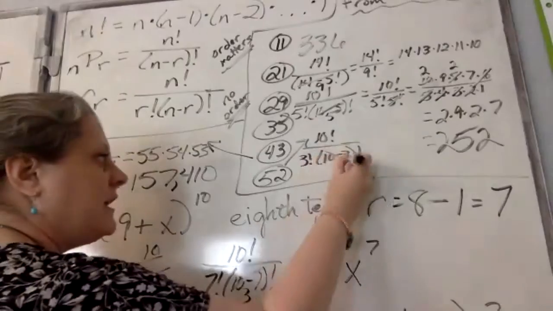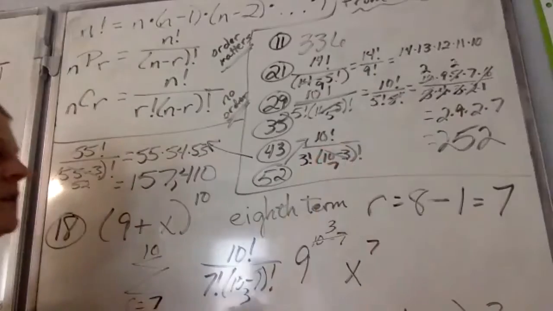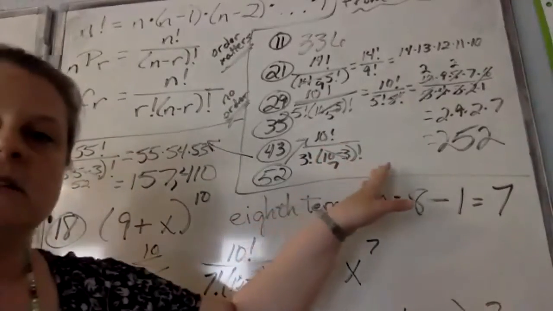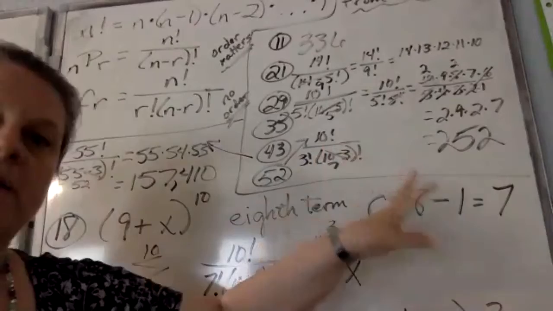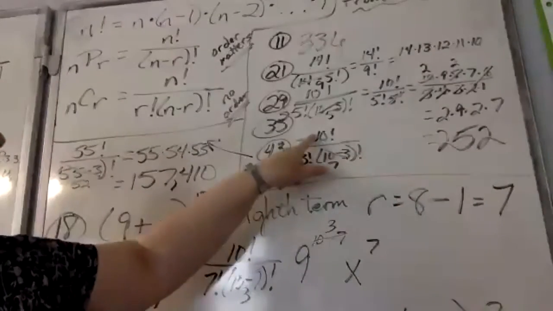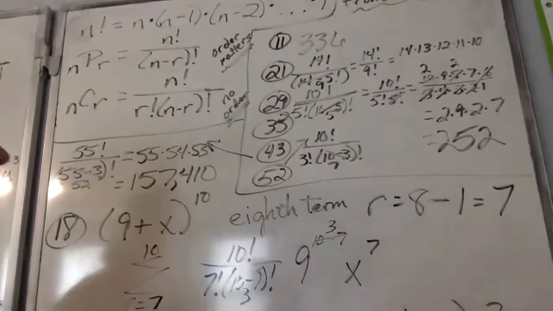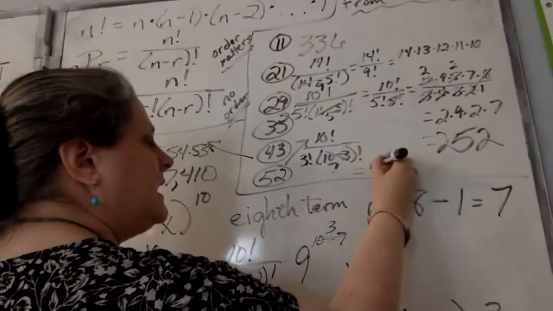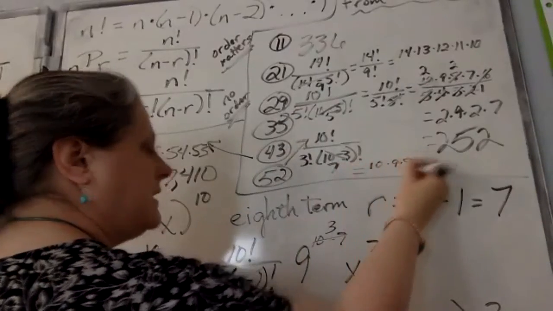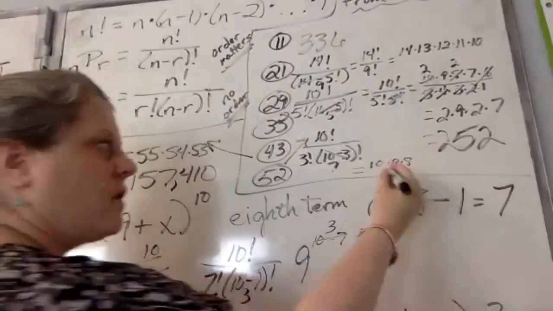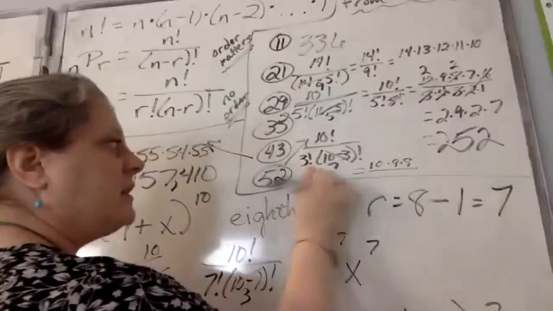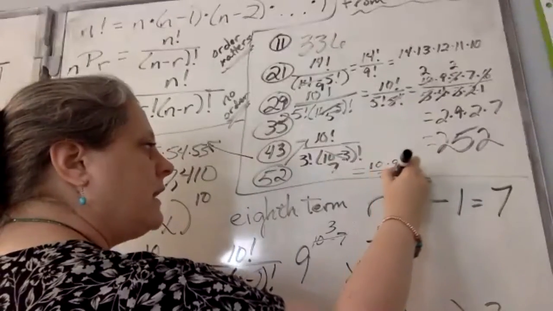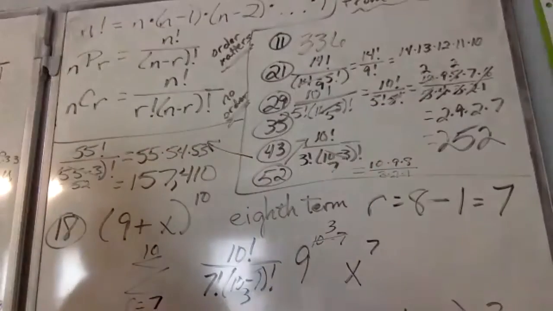10 minus 3 is 7. So that means from 7 down, 7, 6, 5, 4, 3, 2, 1, that part would cancel out from the top. So on the top, I would have left 10 times 9 times 8, because from 7 down was gone. On the bottom, I still have 3 factorial, 3 times 2 times 1.